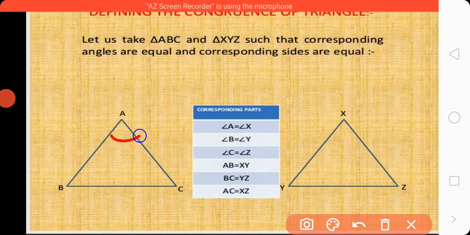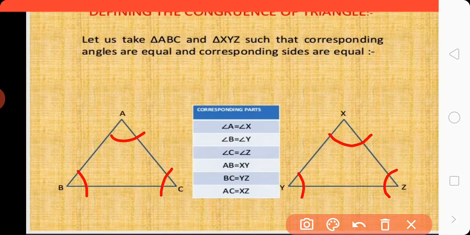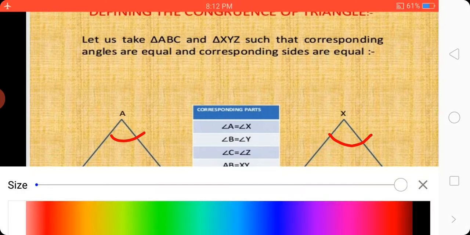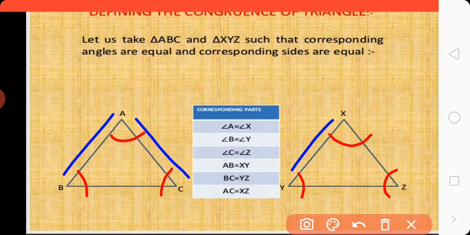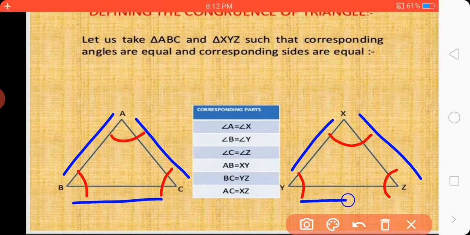Here angle A is equal to angle X. Angle B corresponds to angle Y. Angle C corresponds to angle Z. And also side AB is equal to XY, AC is equal to XZ, and BC is equal to YZ.